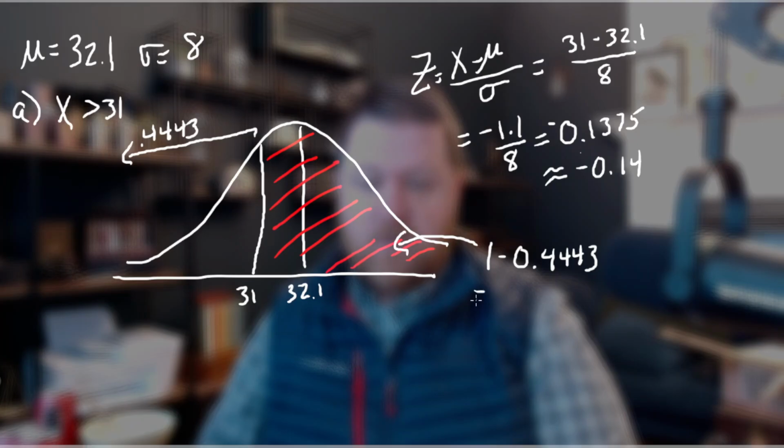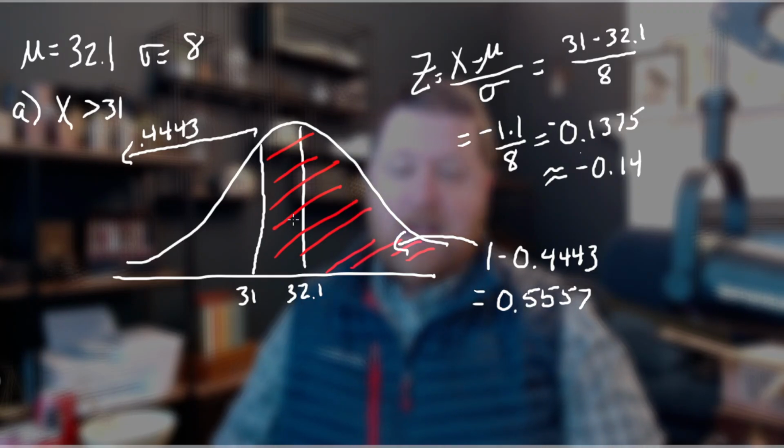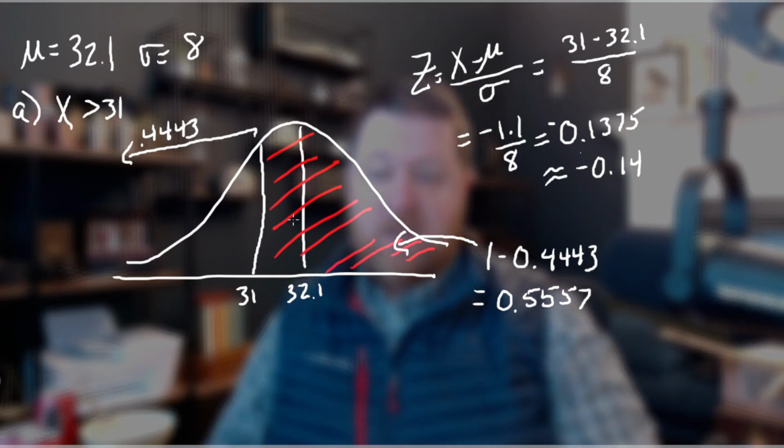So 1 minus 0.4443 is 0.5557. So what's the probability that if I randomly go find someone in Spain and ask them how much do they drink, it's going to be greater than 31 gallons? There's a 55.57% chance that it will be.